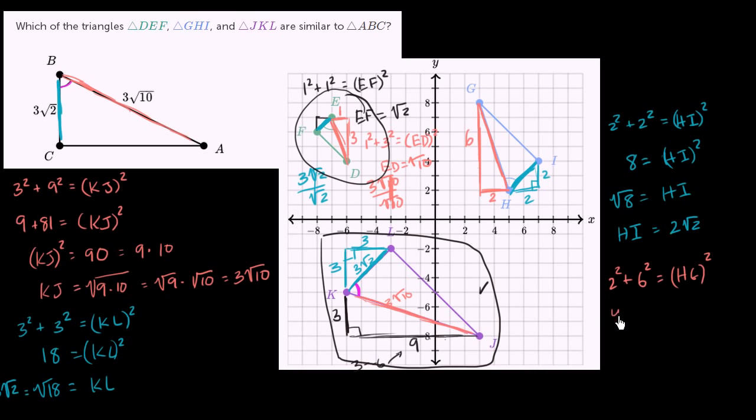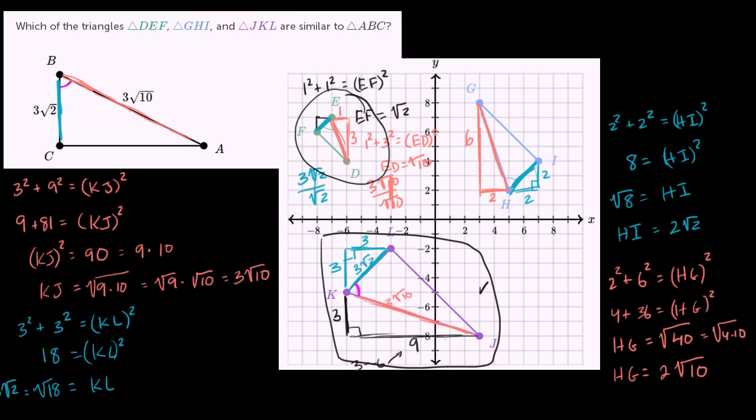So 4 plus 36 is equal to the length of HG squared. We get that HG is equal to the square root of 40. How can we simplify that? That's the same thing as the square root of 4 times 10, which is 2 times the square root of 10. So HG is equal to 2 times the square root of 10.